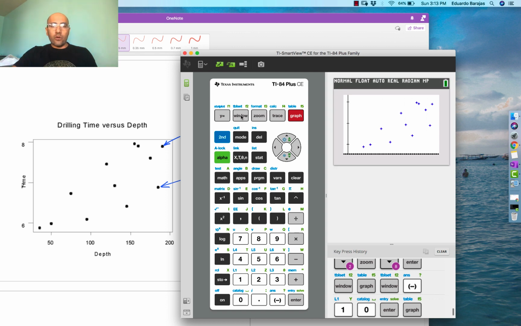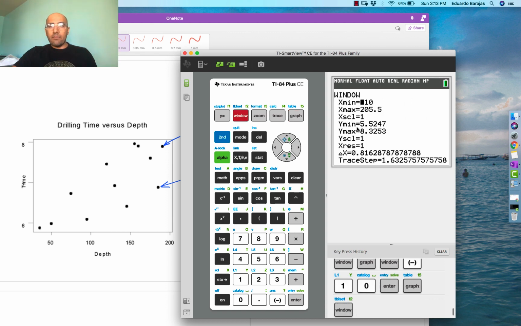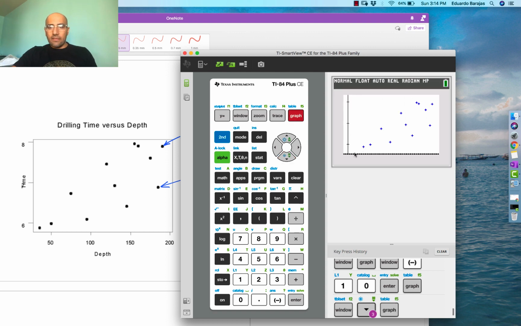So let's go over to our window, and we see the y minimum at 5 and the y maximum at 8. So let's go back over here and change that y minimum. Right now, the fact that this is a 5.5 and this is 8.3 means that this is at 5.5 and that this up here is 8.8. Okay, so let's pick a better window.